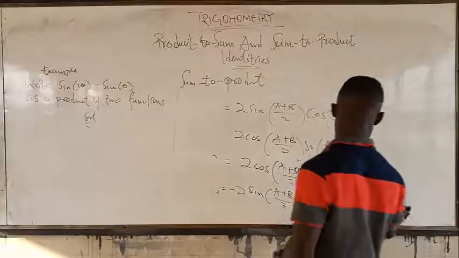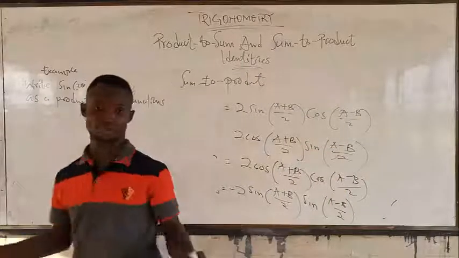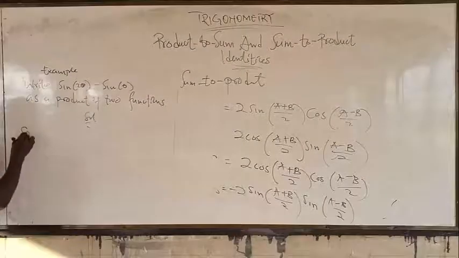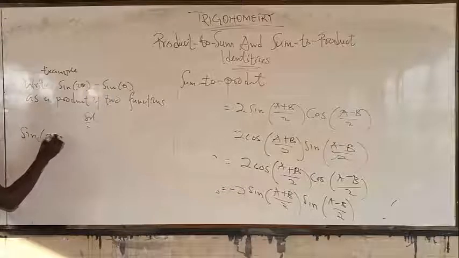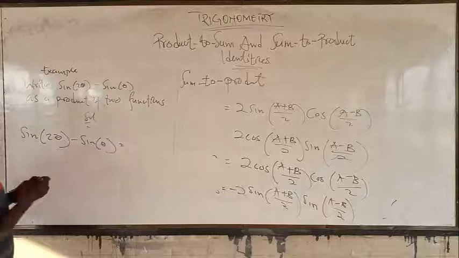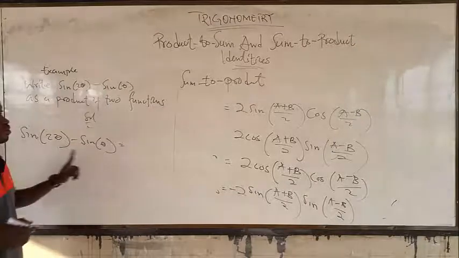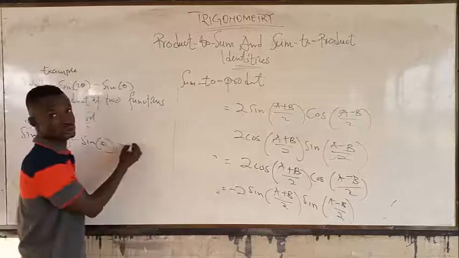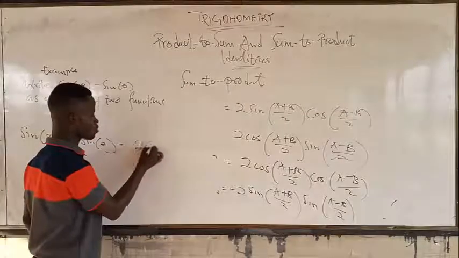Very good. So, looking at the formulas we have, the one that you can relate to sine 2 theta minus sine theta is going to be, you see, sine, but the arguments are not the same. So that one is going to give you 2 cos.